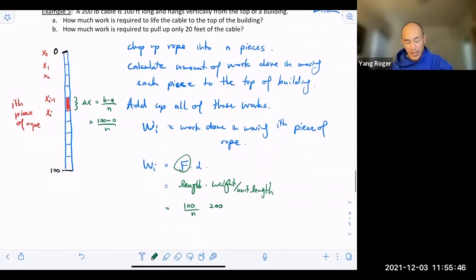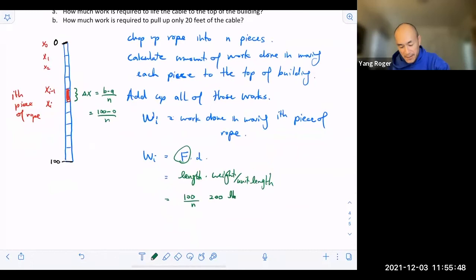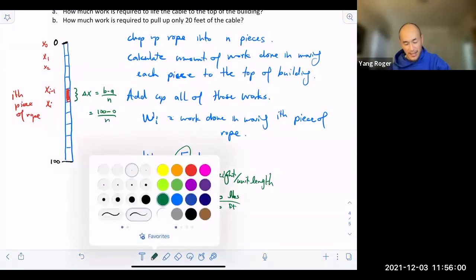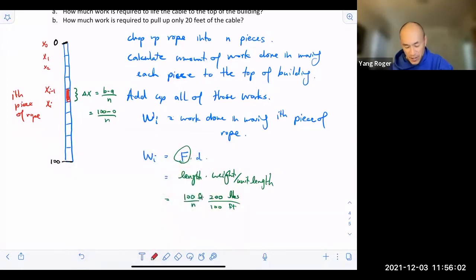So it's going to be 200 pounds per 100 feet, right? And the length was in feet. So I hope you can see that when you look at those, the units cancel. The 100 over n feet cancels with the feet there, and then we end up with this number, which is the amount of pounds we have.